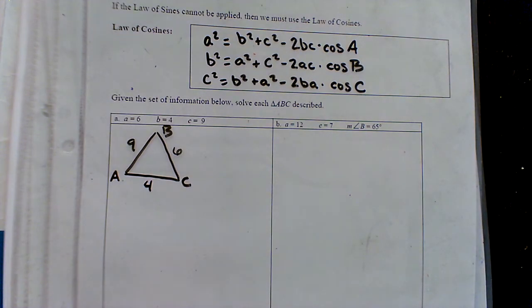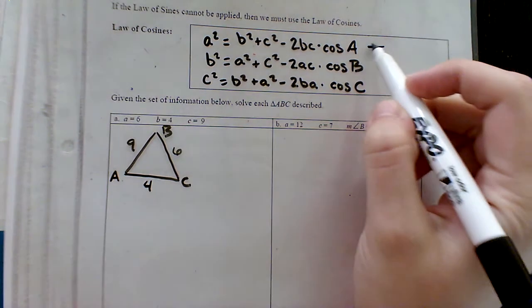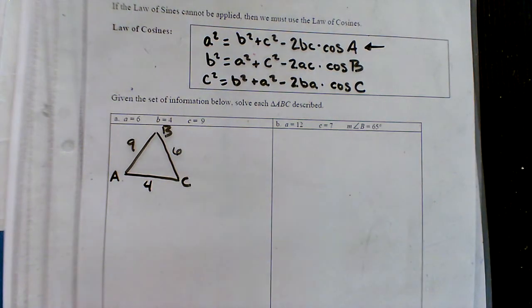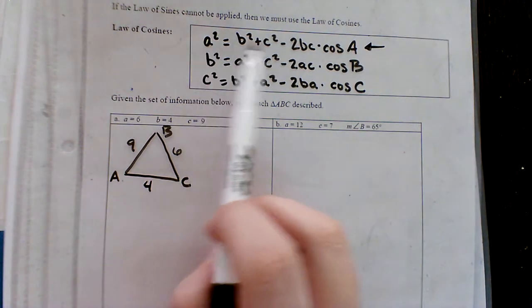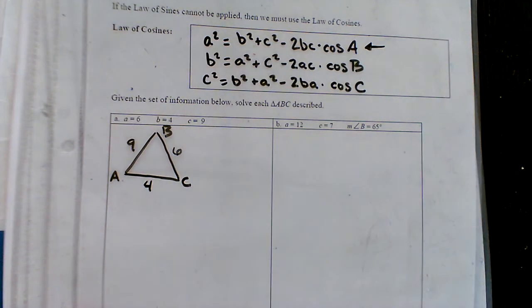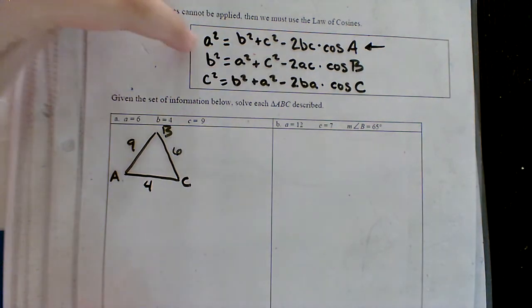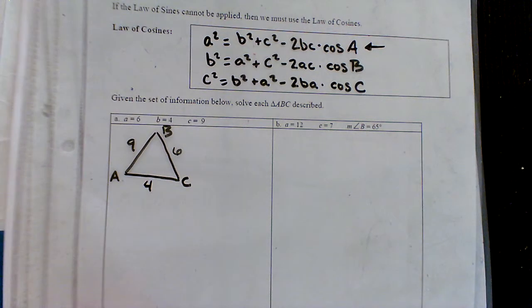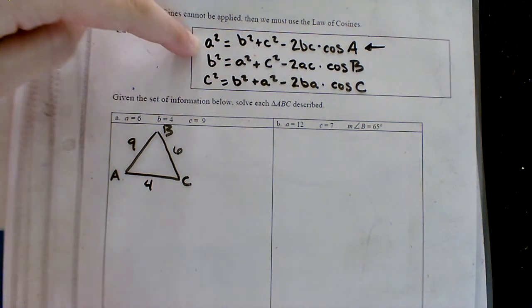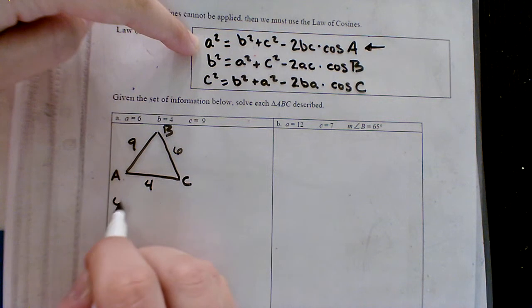Okay, so let's take a look at the law of cosines. Angle A, meaning the capital A, is found within that first law of cosines. So we'll go ahead and utilize this first one, fill in all the information we know, and somehow we should be able to figure out that angle A. If we're trying to figure out angle A, that means we have to start with side A, which would be 6.